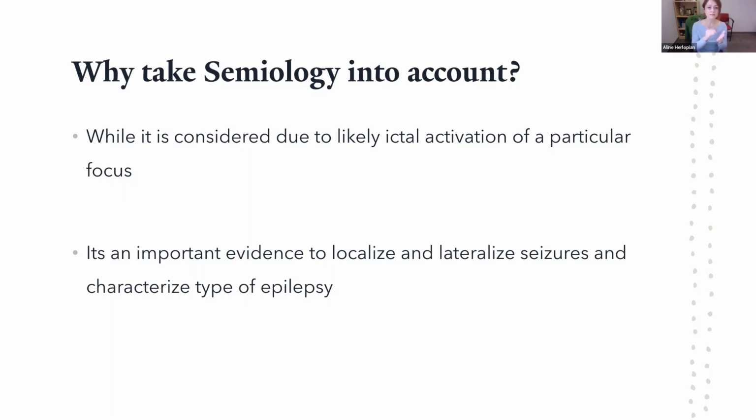However, it doesn't necessarily mean that that's where the seizures are starting from. Seizures might start from an area that's very close or in a remote area, propagate to that specific region, and hence result in the semiology. That's called ictal propagation, activation of that area to cause this semiology.